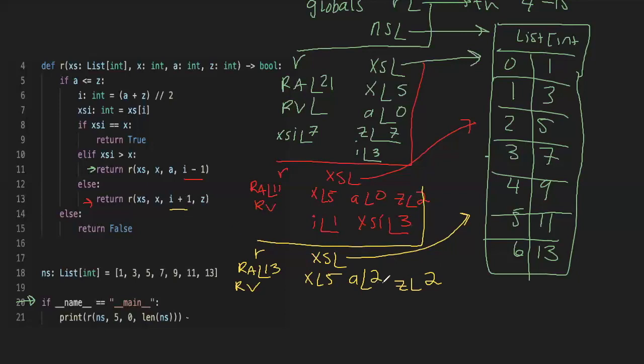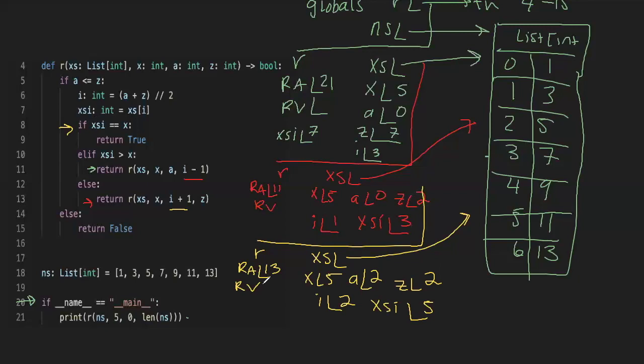So is 2 less than or equal to 2? It is. So now we set up I, which is 2, and x's at I is 5. And yay, now this is true. 5 is equal to 5.